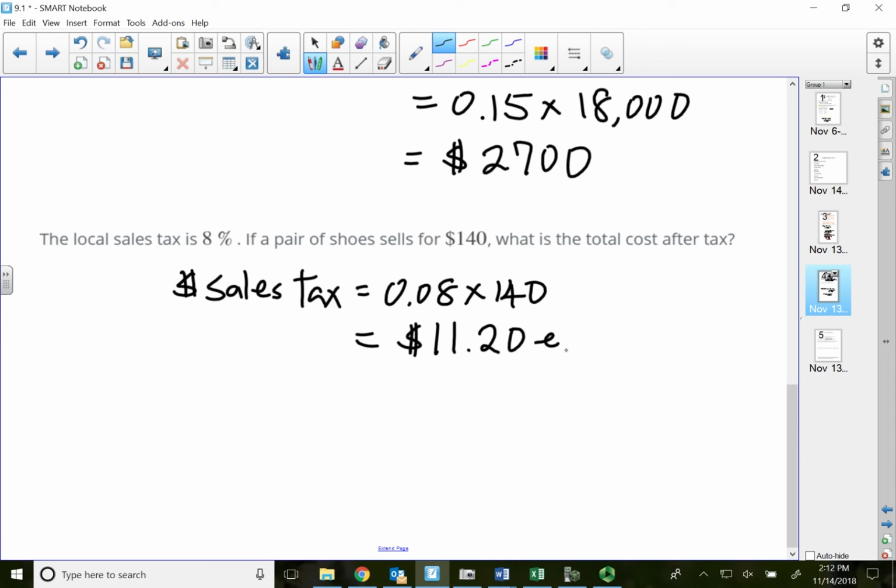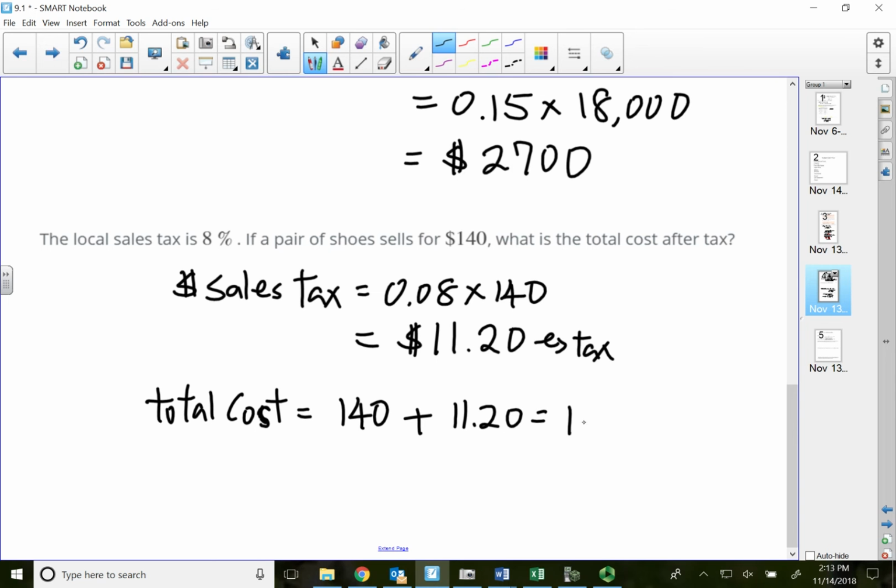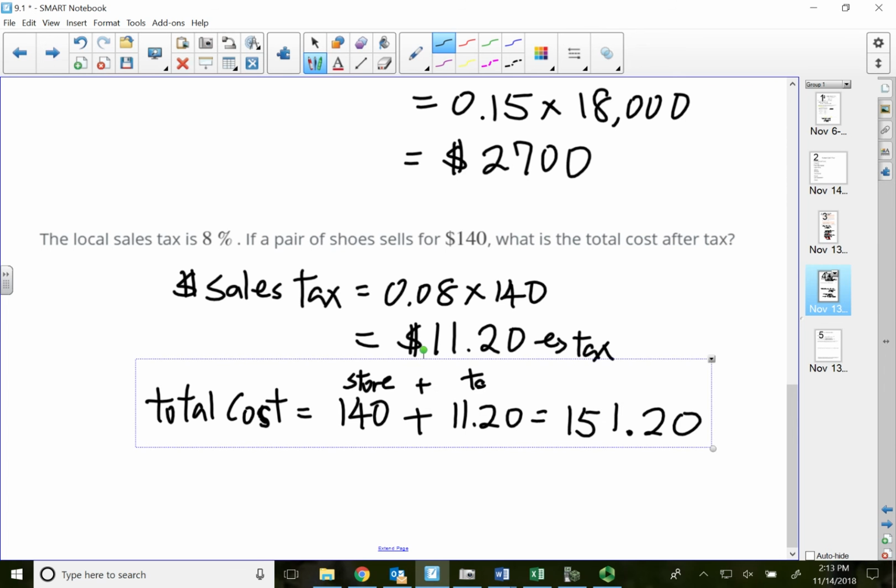That's the tax that I need to pay. So the total cost for the buyer is going to be the $140 you're supposed to pay to the store plus the amount of tax you're supposed to pay to the government. So the final answer has to be $151.20. Let me write this up here. This is paying to the store, plus this is paying to the government. This is the tax part.